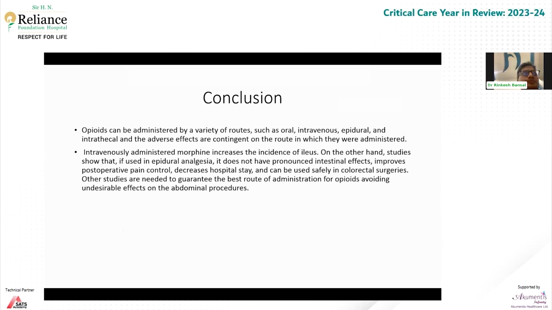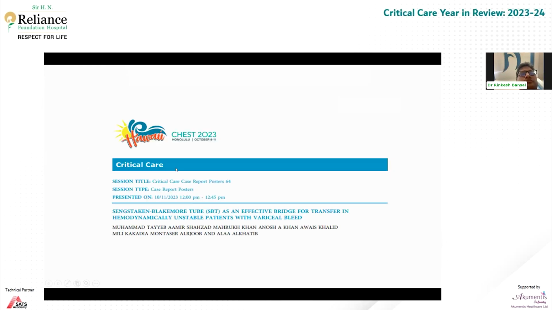Dr. Resma. So we saw a case report published in Hawaii Chest 2023 regarding SB tube, Sengstaken Blackmore tube, as an effective bridge for transfer in hemodynamically unstable patients with variceal bleed.